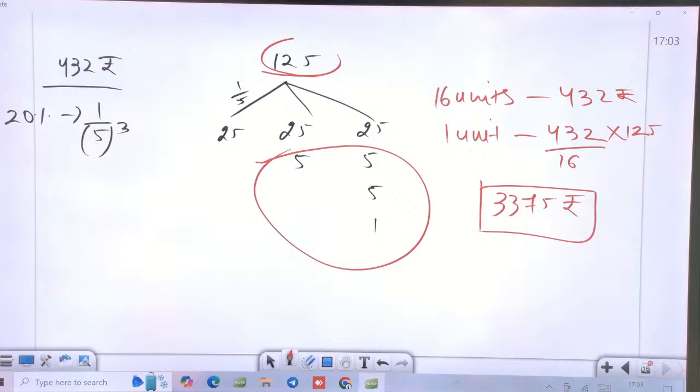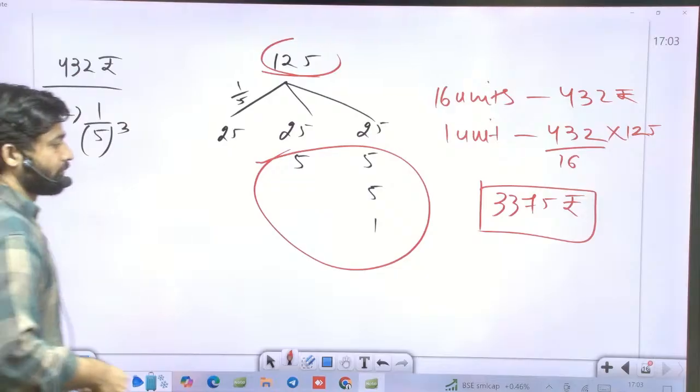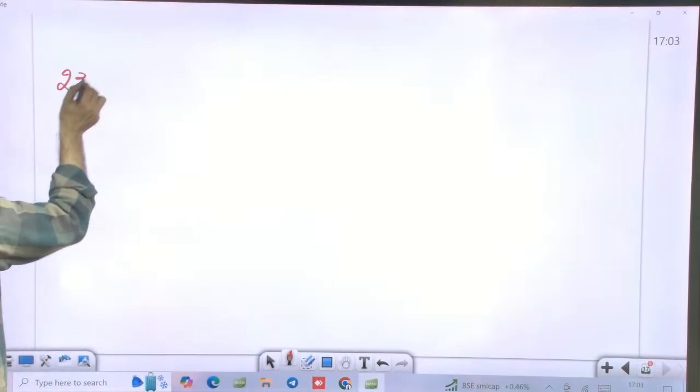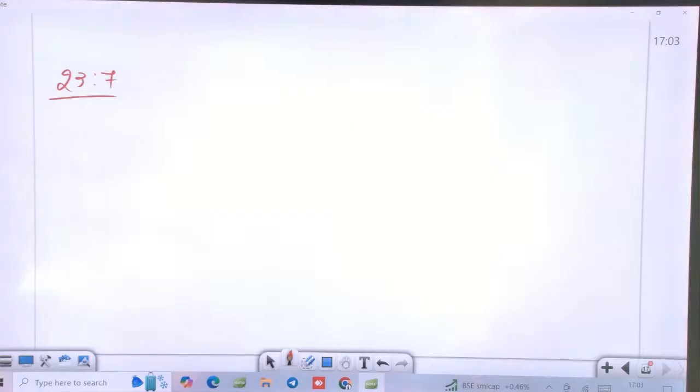The difference between SI and CI for 3 years and 2 years are in the ratio 23:7 respectively.